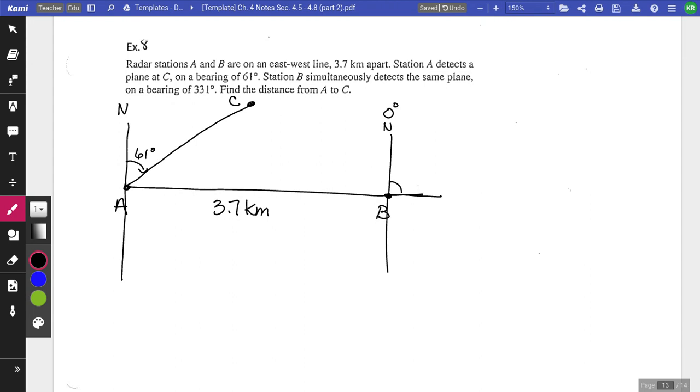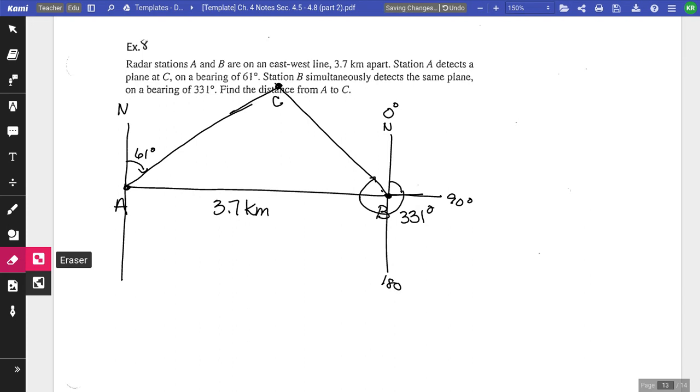So 331, so here's 90 degrees, 180, and then 270 would be here, and 330, maybe something about like that. Okay, so 331 degrees. Okay, so they also see the plane. Well, I need to extend this a little bit. So here is our plane C.